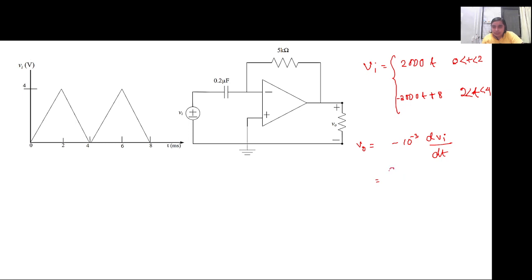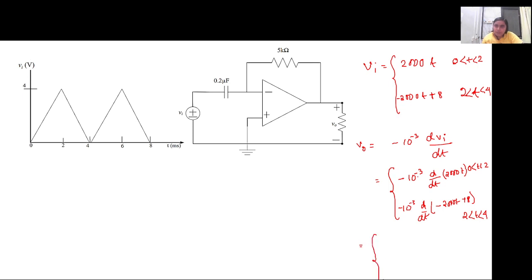So minus 10 to the power minus 3 into d/dt of 2000 t, this is the condition from 0 to 2, and then the same thing, minus 10 to the power minus 3 into d/dt of minus 2000 t plus 8. This is the condition from 2 to 4.